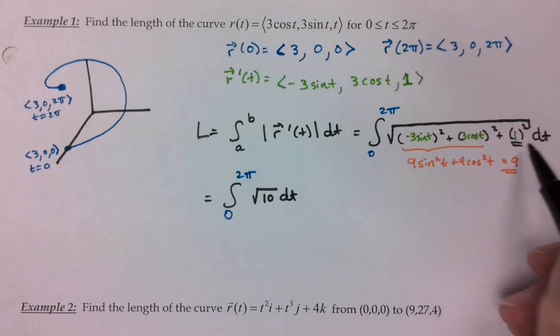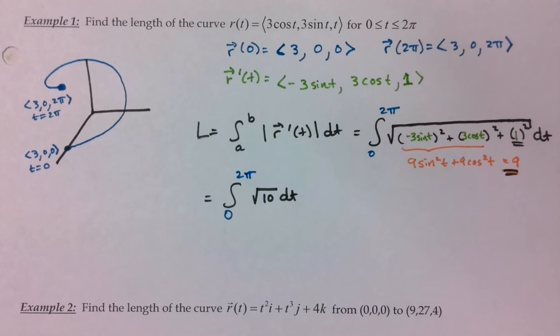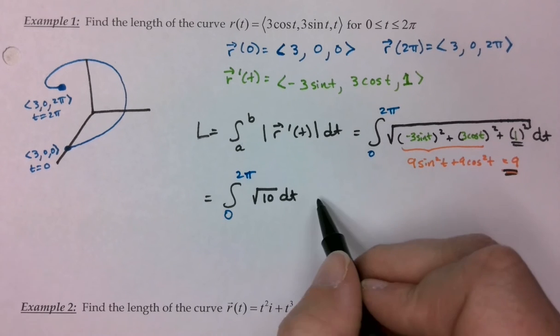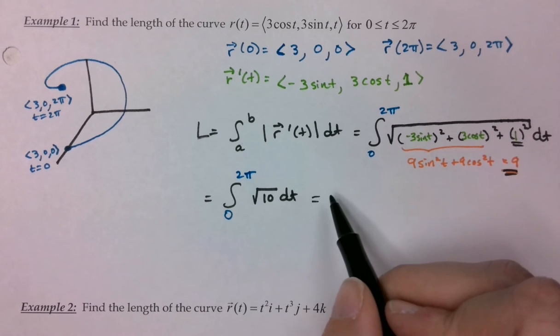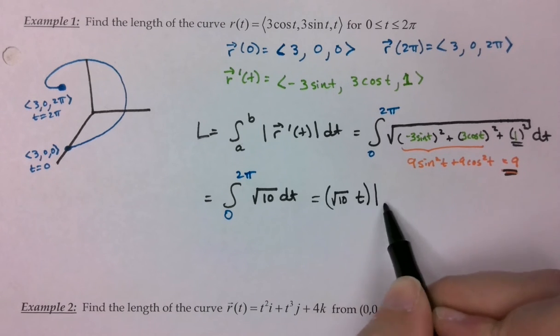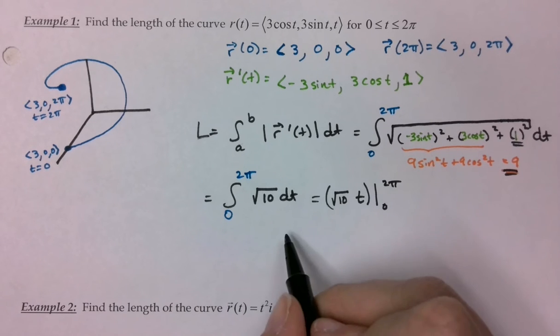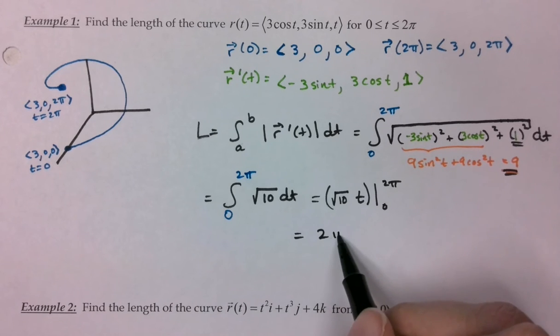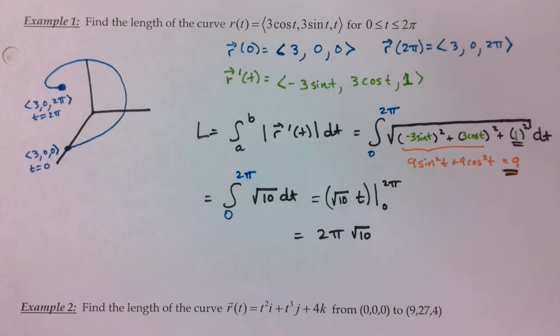Because I have a 1 right here and a 9 right here, and together they make 10. Okay, well, this is an integral everybody can do, because that's the square root of 10 t from 0 to 2 pi, which is 2 pi square root of 10.